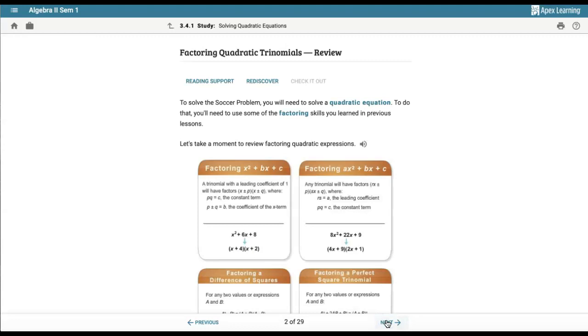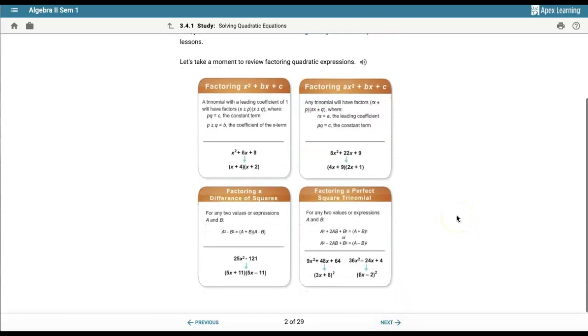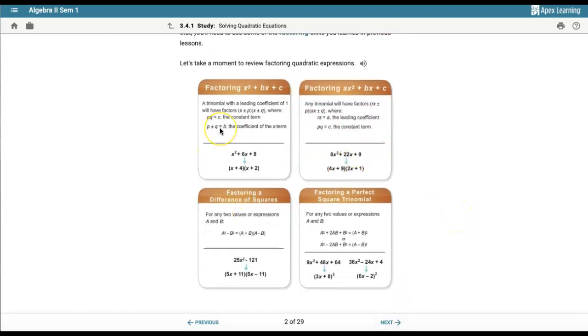There are numerous skills that we introduced today and that you have to be able to do when you're moving forward here. So here's a really good little summary sheet of them, okay? So the first thing we learned was factoring x squared plus bx plus c, right? So if that leading coefficient is a 1, okay?